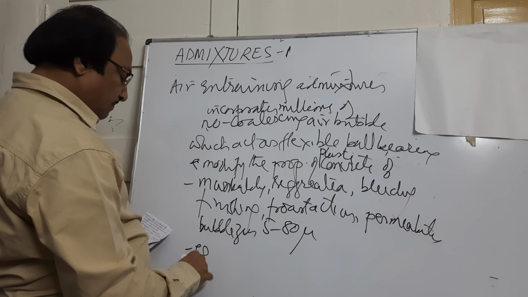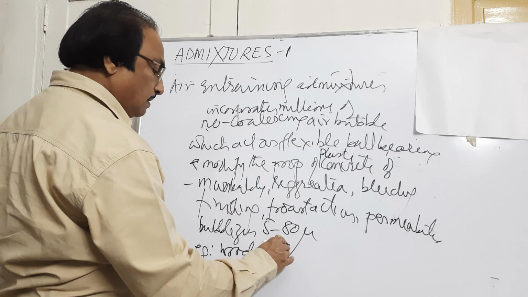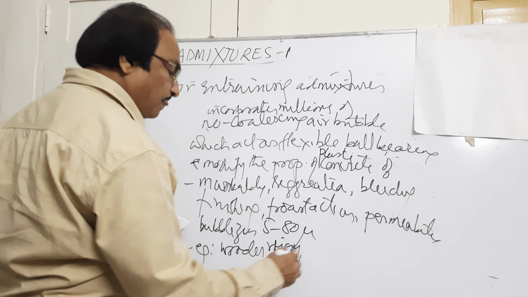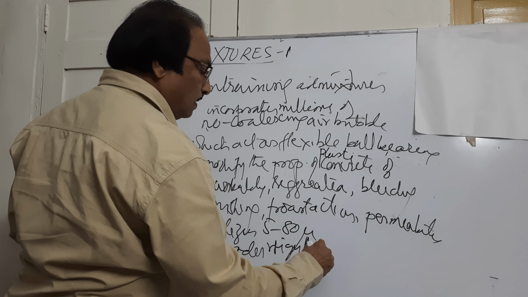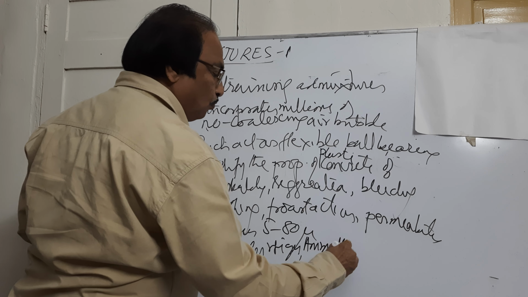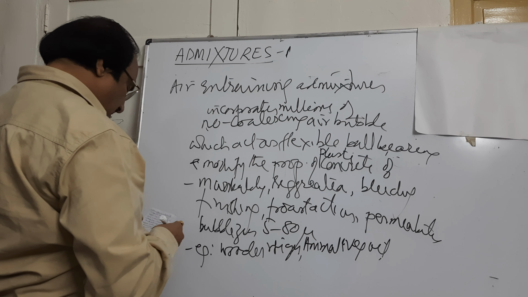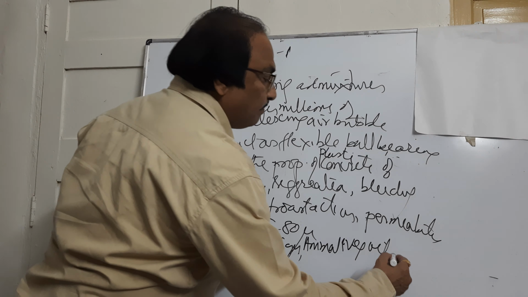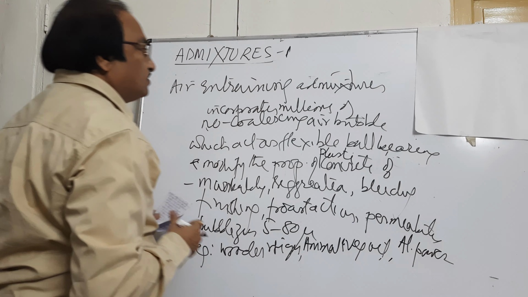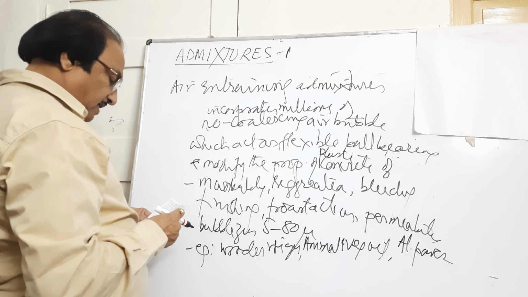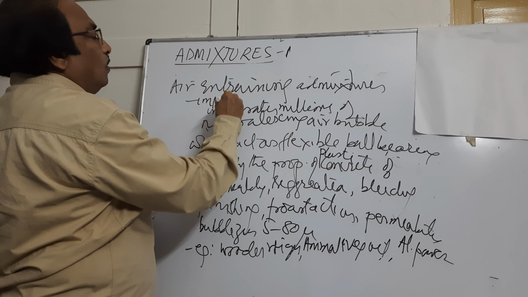Examples are wood resin, animal and vegetable oil, then aluminum powder. These are some of the examples used as air entraining agents. The main purpose of this is to improve workability.